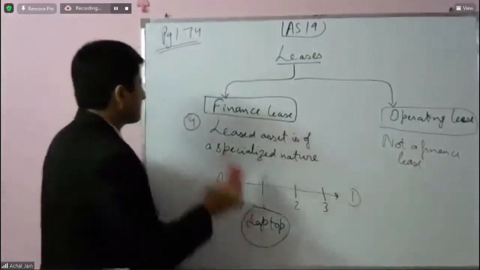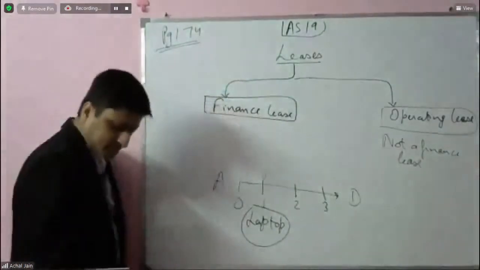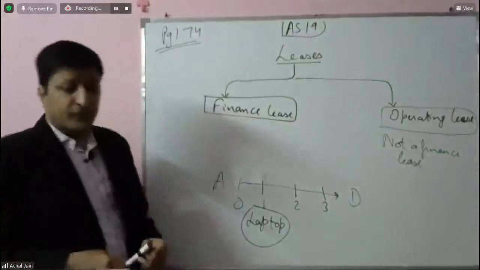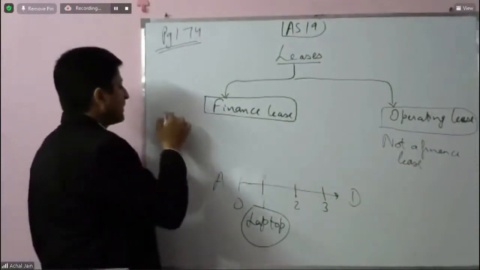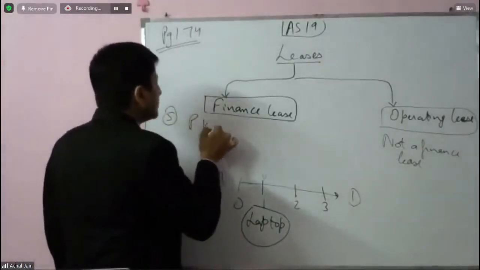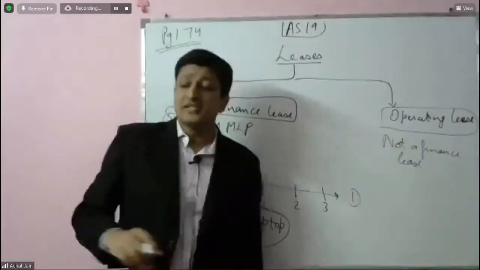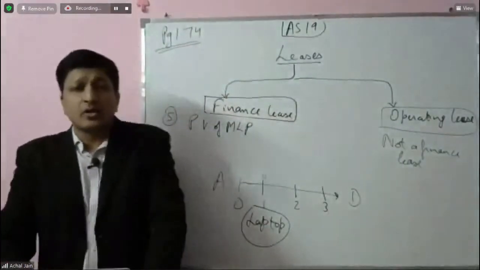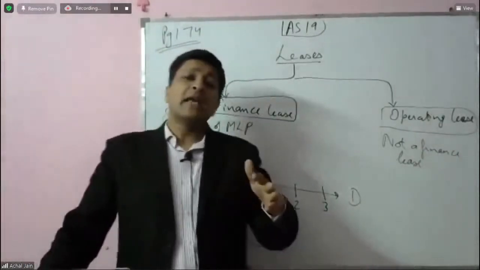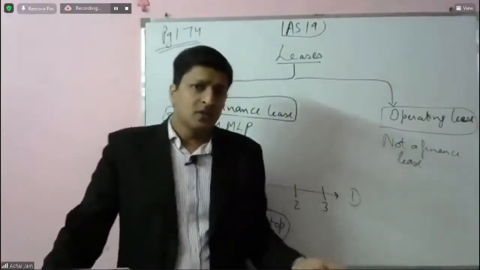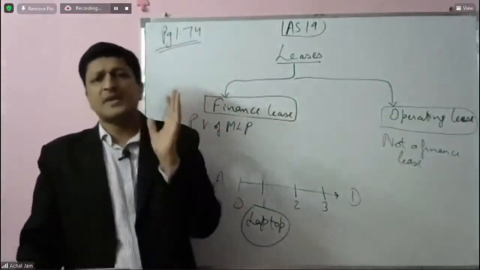5th. Present value of minimum lease payments. Minimum lease payments, you remember lease payments, we talked about lease payments. Lease payment means payments which are given by lessee to lessor. So we are saying minimum lease payments. Means the minimum number which has been agreed between them.